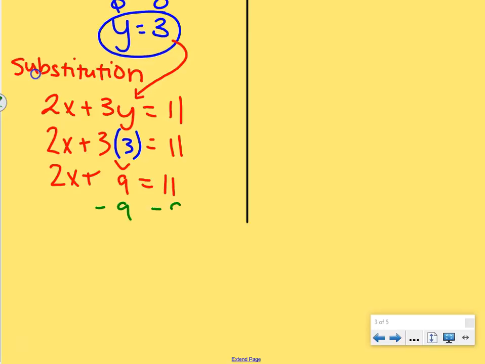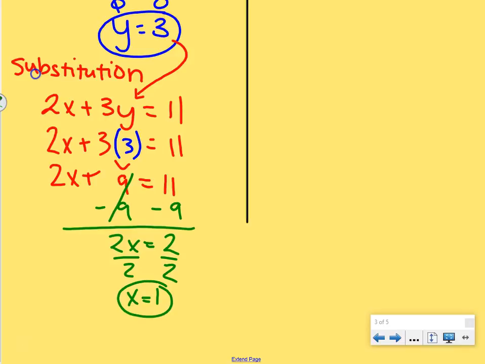Minus 9 on both sides to get 2x by itself equals 2. So divide by 2, and we have x equals 1. Remember to write your answer as an ordered pair. (x, y). x is 1, y is 3.